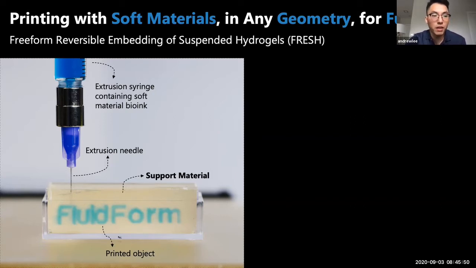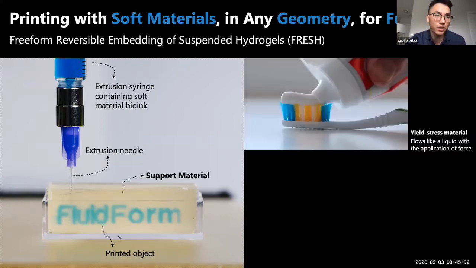What's unique about the support material is it is actually a Bingham plastic, or a yield stress material. This has the same rheology, or the same behavior, as, say, toothpaste. You can squeeze it out of a tube and it will flow out of the tube, but when you put it onto your toothbrush, it won't fall off when you turn it upside down.